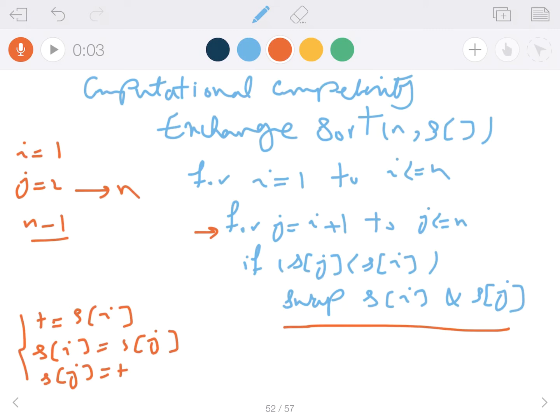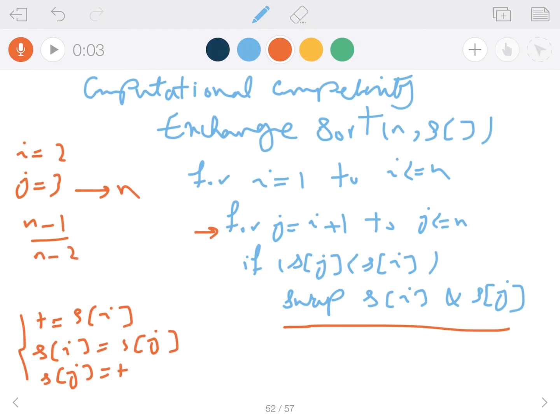Now assume that I becomes 2. Then j starts at 3 and goes to n, and in the worst case all if conditions hold, so it's n minus 3 plus 1, that is n minus 2.